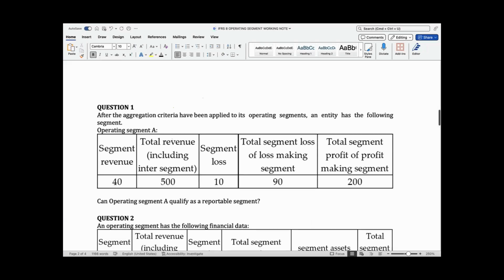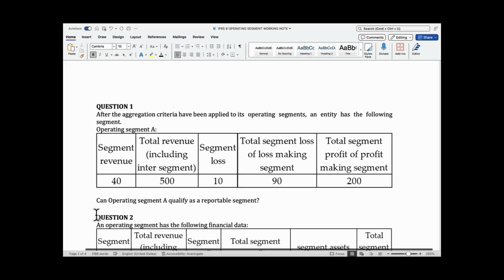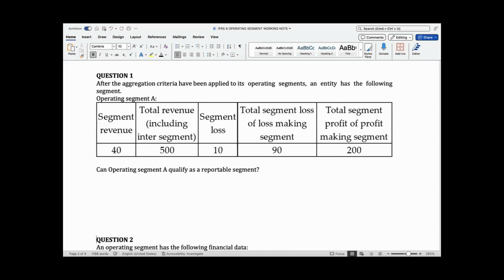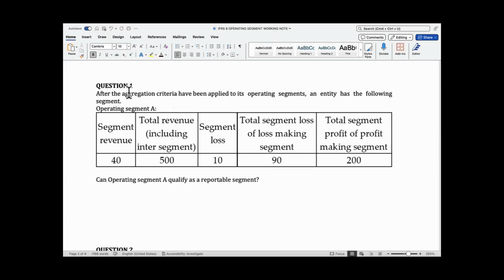If you look at this question, they said after the aggregation criteria have been applied to its operating segment, an entity has the following segments. So it has operating segment A. So the segment revenue is 40.